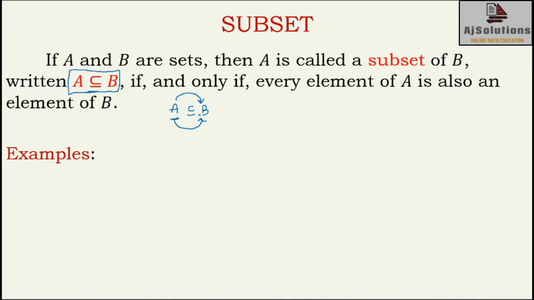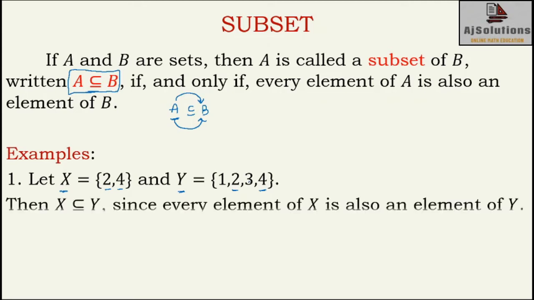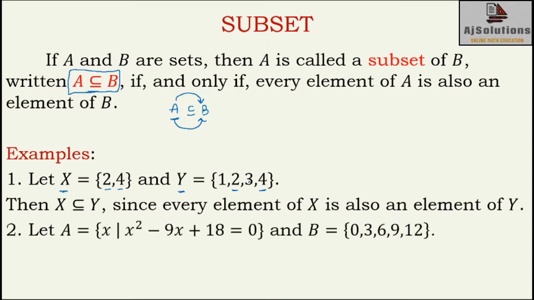Let's see examples. So here I have a set X which is {2, 4} and set Y which is {1, 2, 3, 4}, and you can see over here all the members of X are the members of Y. That is why we can say here X is subset of Y. Let's see another example.